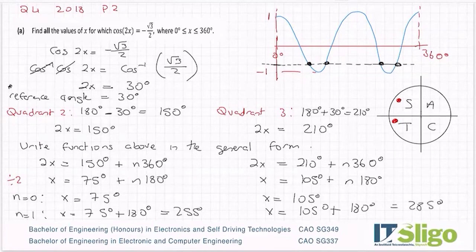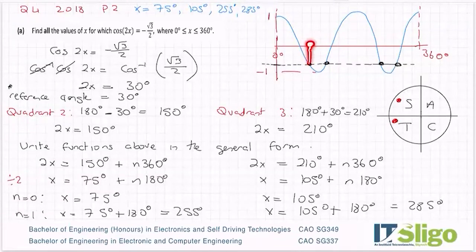Okay, so the 4 answers, and I have left myself without space to write it out, so I'm going to write it up here if that's okay. My 4 answers, x is equal to 75 degrees, 105 degrees, 255 degrees, 285 degrees.